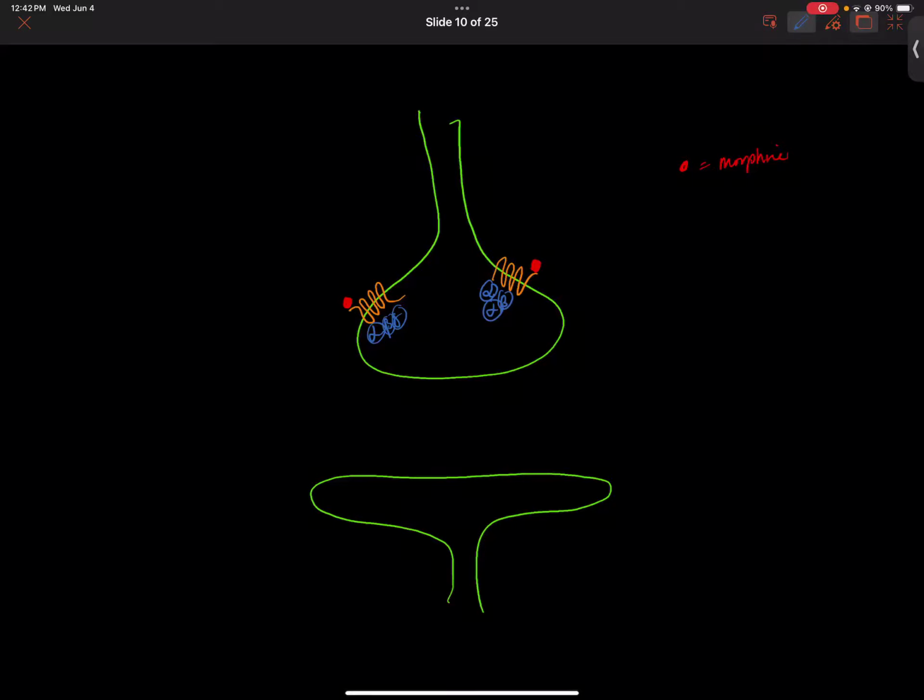The alpha subunit is inhibitory, so that decreases cyclic AMP, and then all the downstream effects typically associated with cyclic AMP production are suppressed.